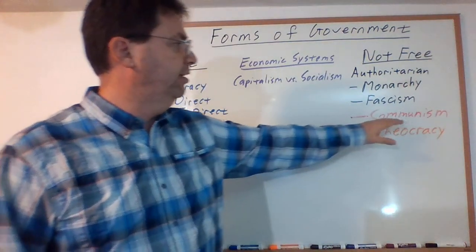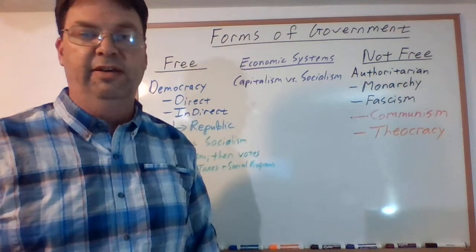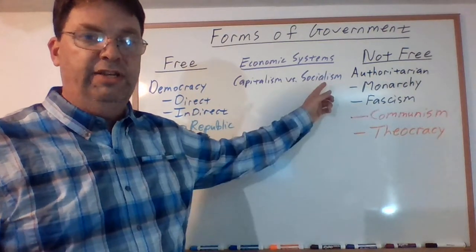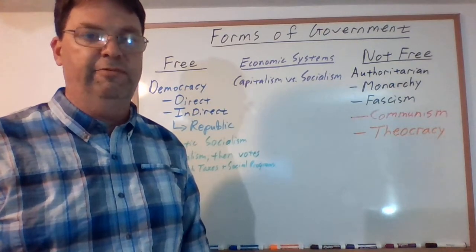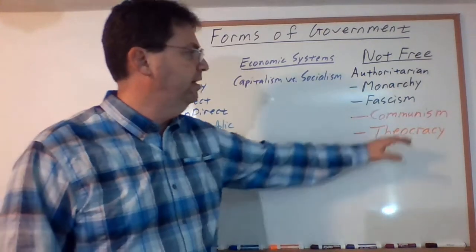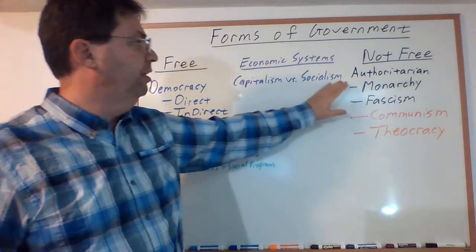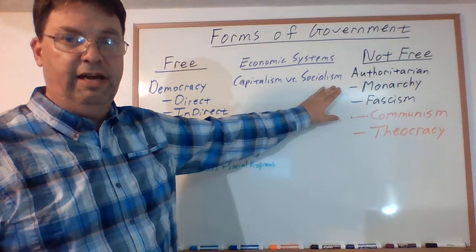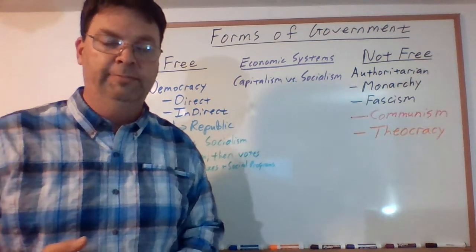For example, the country that was communist, most famous one was the Soviet Union, United Soviet Socialist Republic, the USSR. That's what that stood for, okay? So politically, they were communistic, and economically, they were socialistic. The government decided how to do things as far as buying, selling, and trading.